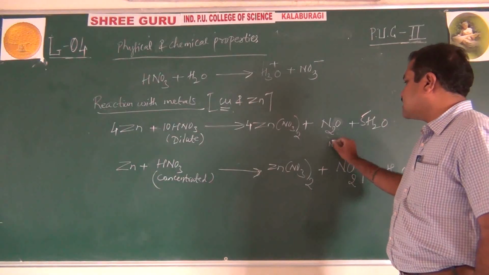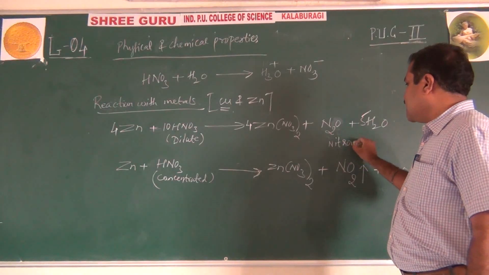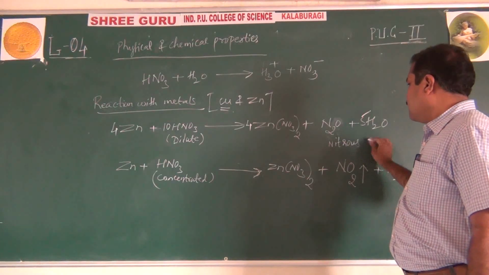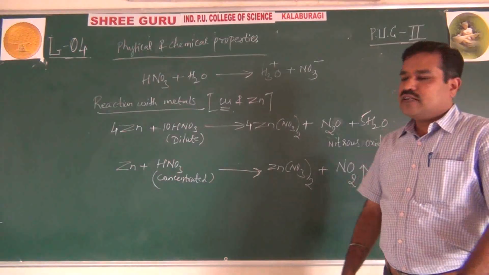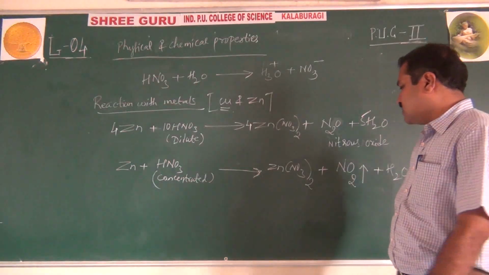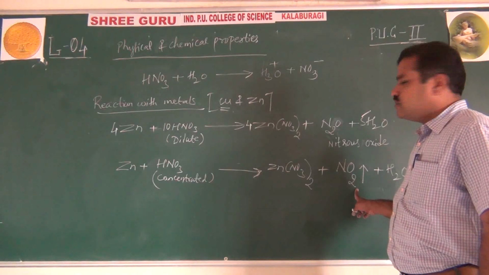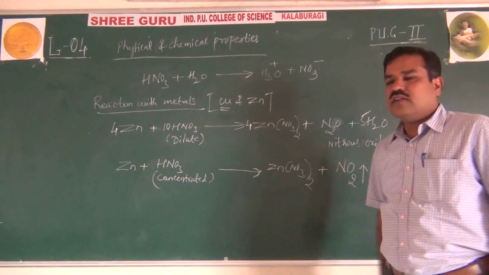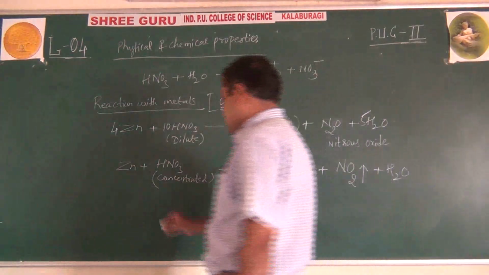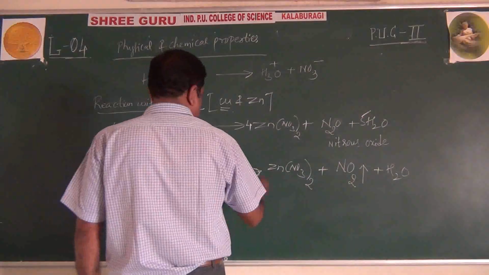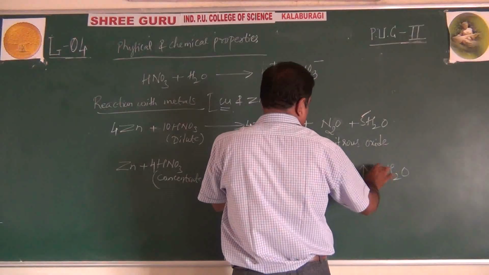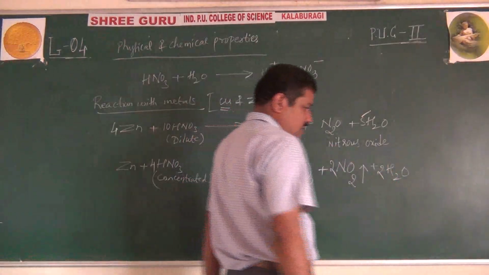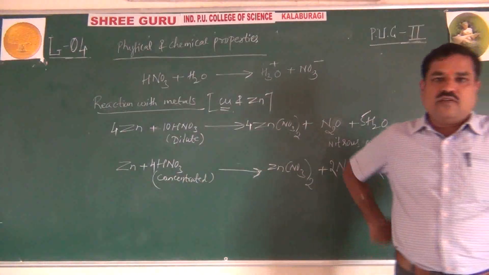This is nitrous oxide, laughing gas, whereas the one above is nitric oxide in the case of copper. But with concentrated acid they both give the same reddish brown gas, along with the metal nitrate solutions. Here also the same: Zn plus 4HNO3 gives Zn(NO3)2 plus 2NO2 plus 2H2O.